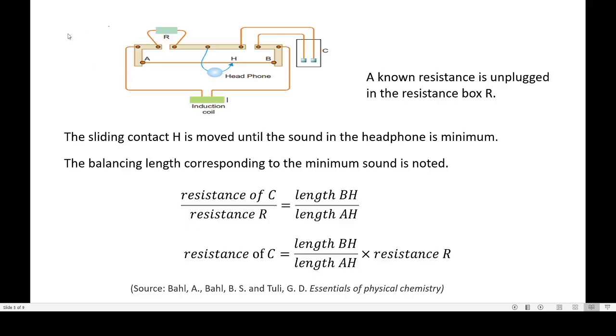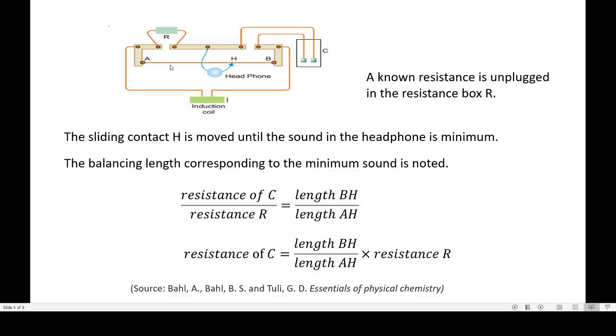So first, during the experiment, the solution is taken in a beaker and a conductivity cell is dipped in it. Now in order to measure the resistance of that solution, a known resistance is unplugged in the resistance box R. Now the sliding contact H is moved over the wire AB.